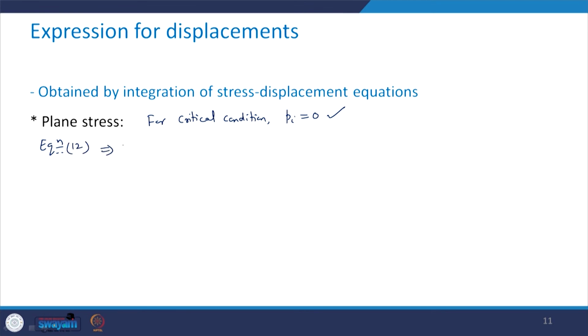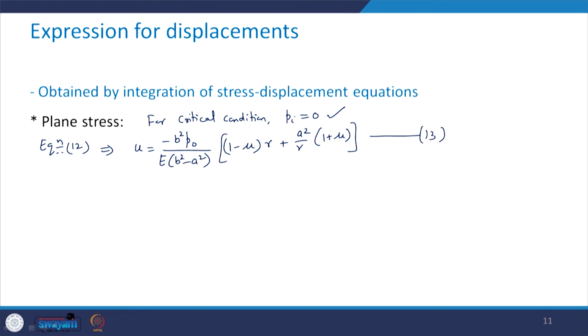What we will get is a nice and simple expression which is minus b square p naught divided by E times (b square minus a square), times [(1 minus mu) into r plus a square upon r (1 plus mu)]. This will be equation number 13.